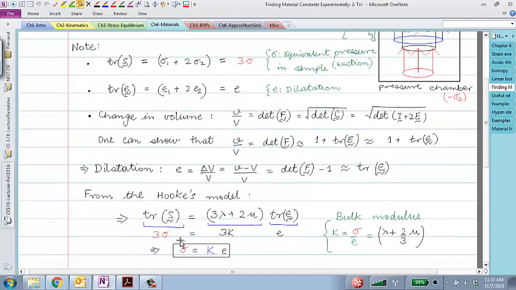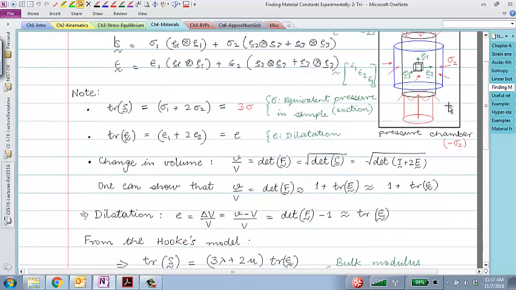So we went through a bunch of definitions for this bulk modulus. We defined something called the equivalent pressure in a sample, or actually, if you go by the sign convention, equivalent suction, and dilation. Dilation is the ratio of the change of volume over the original volume at a particular point in the material. It's not for the entire sample.